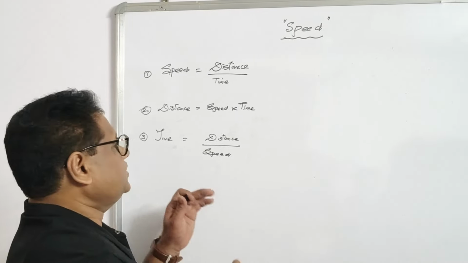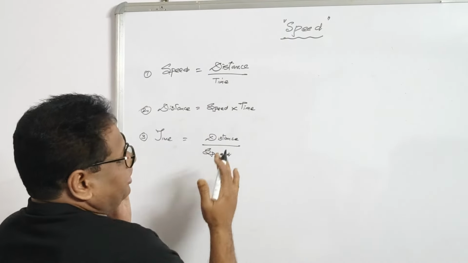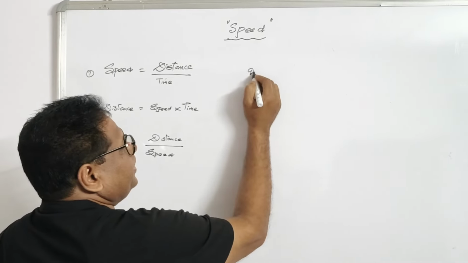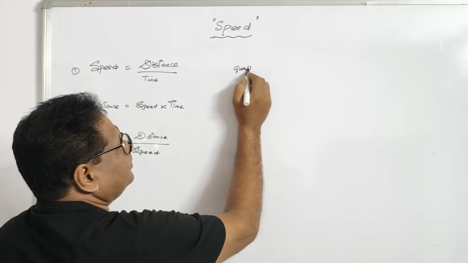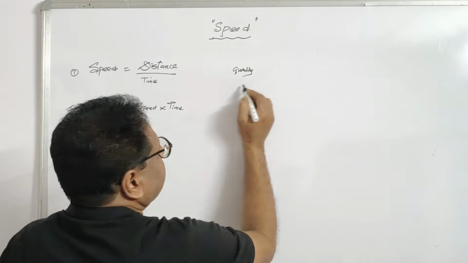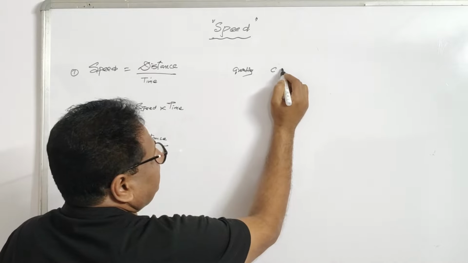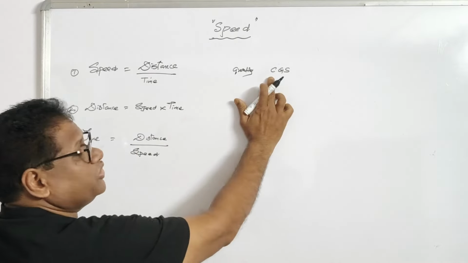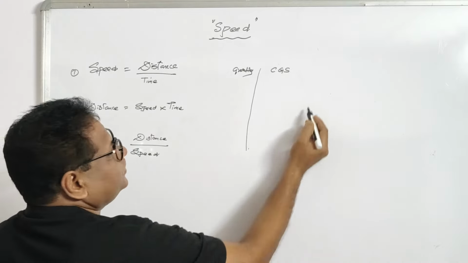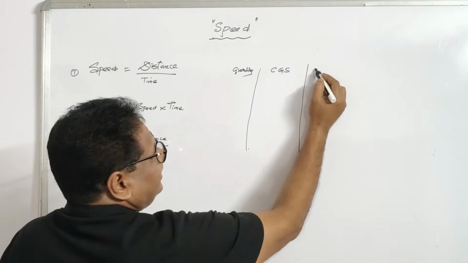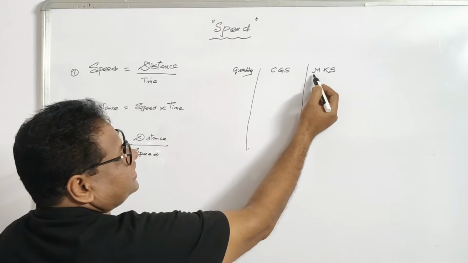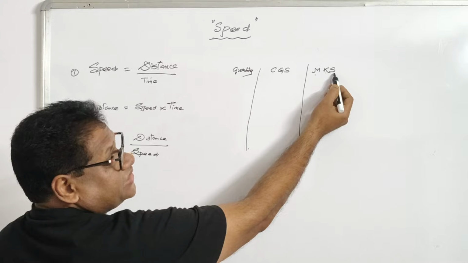Now let's describe these three parameters in terms of units. Now this is the quantity, this is the CGS unit. CGS unit means centimeter gram second. Then we have the MKS unit, which is meter kilogram second, that's the full form.